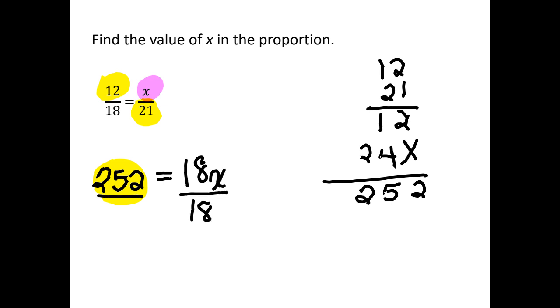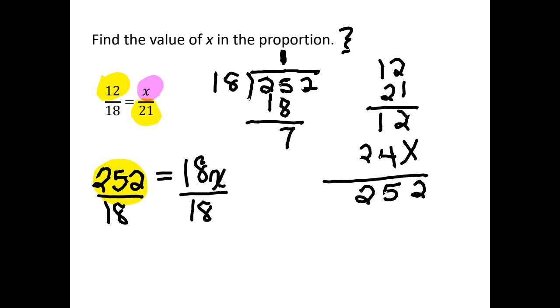I'm going to divide by 18. Now, this does not ask me for a decimal, which means I better come up with what we learned in the past. This is 1.